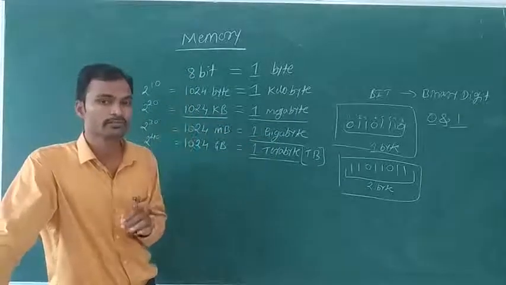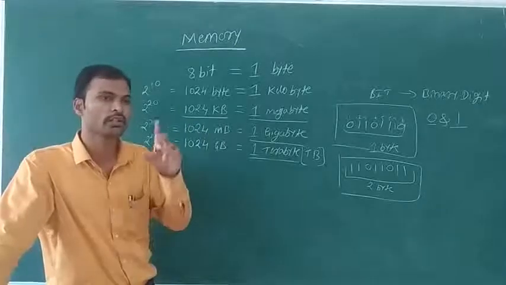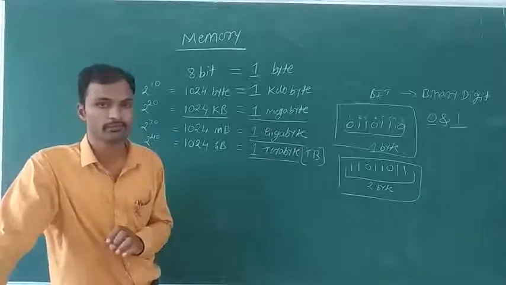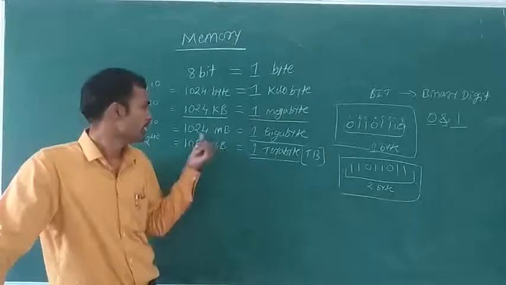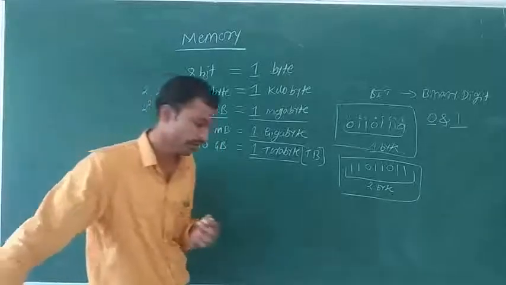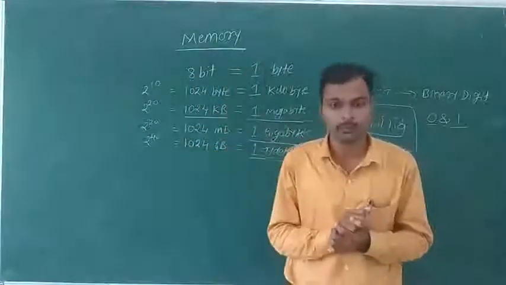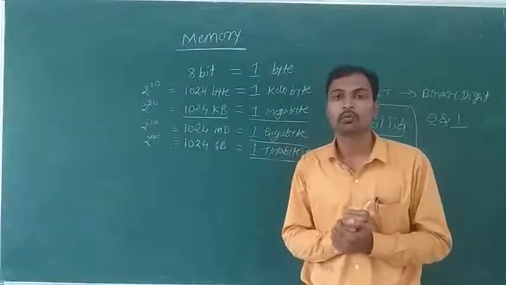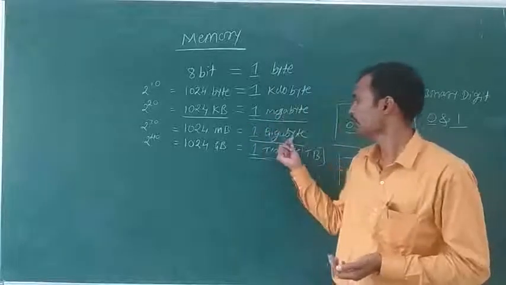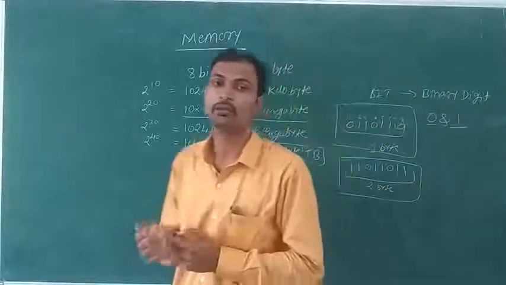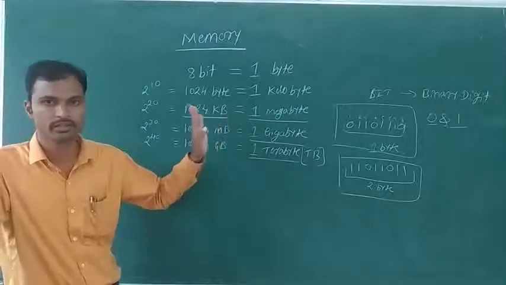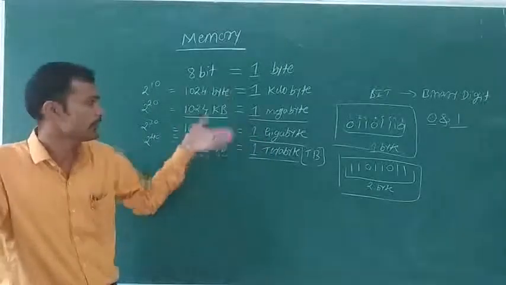If you click a simple photo on your mobile, it becomes 2 to 3 MB. The card has 1024 MB. If its size is 2 MB per photo, then you can save up to 500 photos in a 1 GB memory card. Got it? So this is the memory calculation.